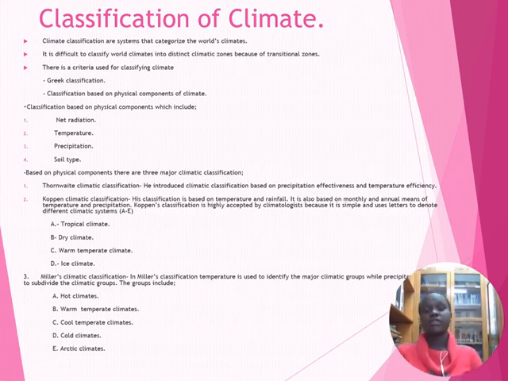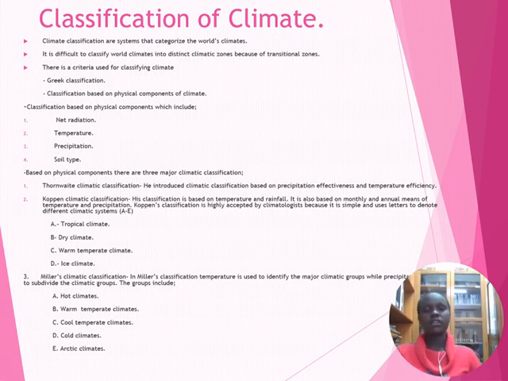The examples of the physical components that we are going to look at are net radiation, temperature, precipitation, and soil type. Net radiation refers to the amount of heat that is coming and going from the atmosphere to the Earth's surface. Temperature refers to the degree of hotness or coldness of a region.